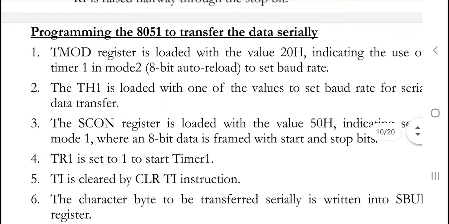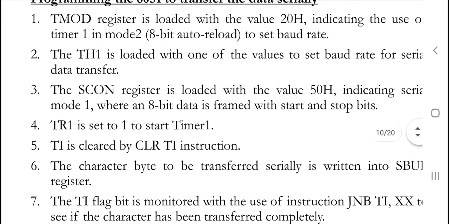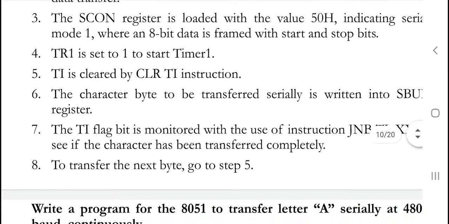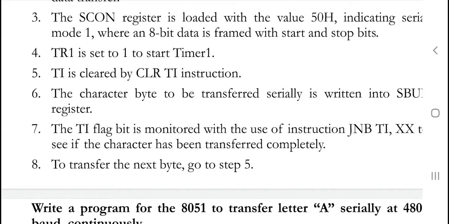Next is how to program your 8051. First, load your TMOD register with 20. We have seen it earlier. That is mode 2 with auto reload mode for setting the baud rate, and then TH1 with the decimal value for the baud rate, and SCON with 50 indicating serial mode 1 with the start and stop bit, and TR1 for starting timer 1, and clear the TI flag, the transmit interrupt flag.